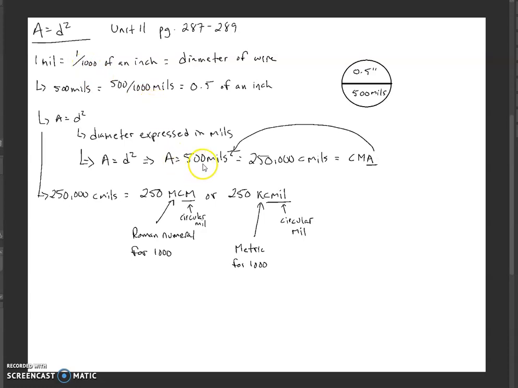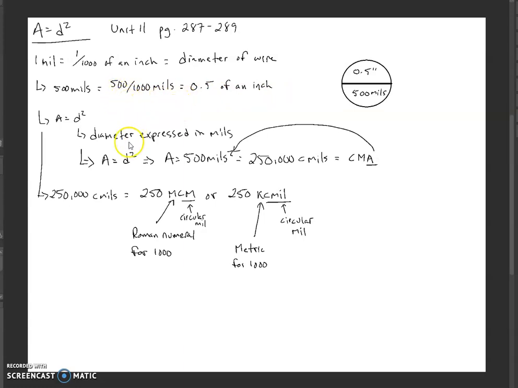Where I get little hiccups with students is understanding what it is you're squaring. You're not squaring the inch value, the 0.5, or you're going to end up way off. The 0.5 has to be converted into mils, and to do that we just times this by 1,000. So we take 0.5 times 1,000 and that gives us 500.